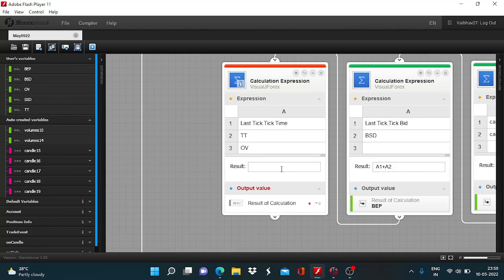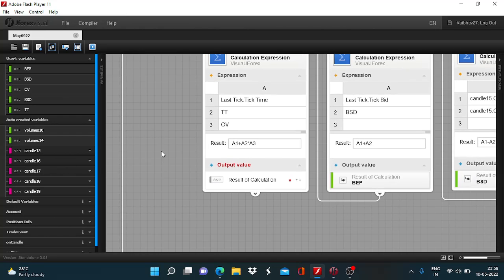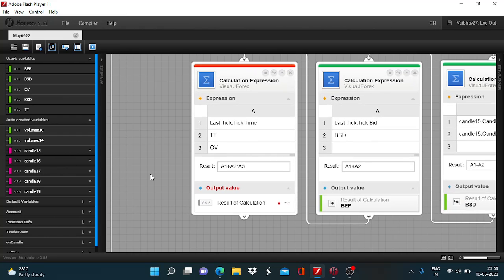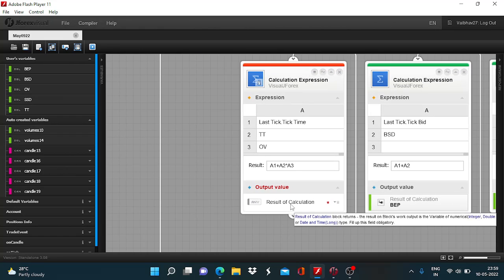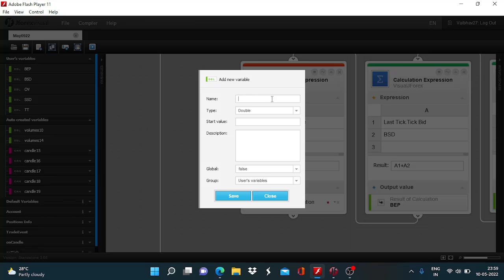And then this will be added to the last tick time. So A1 plus A2 into A3. So this is now going to be OVT.